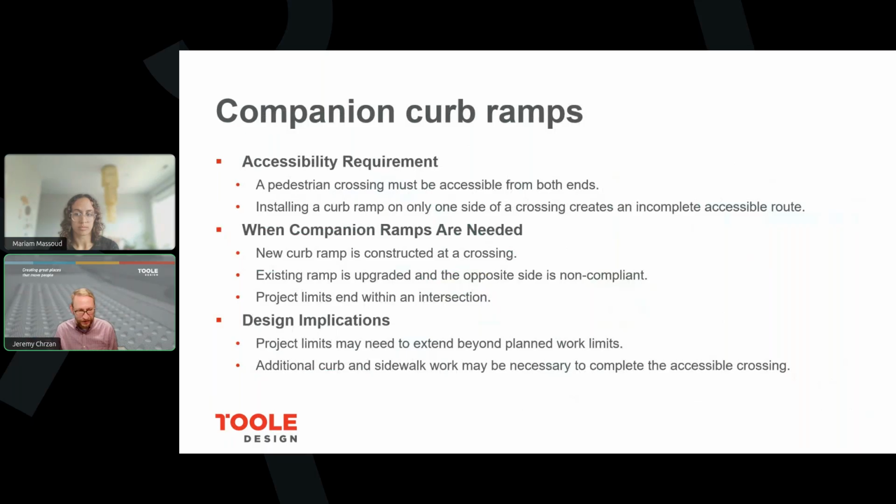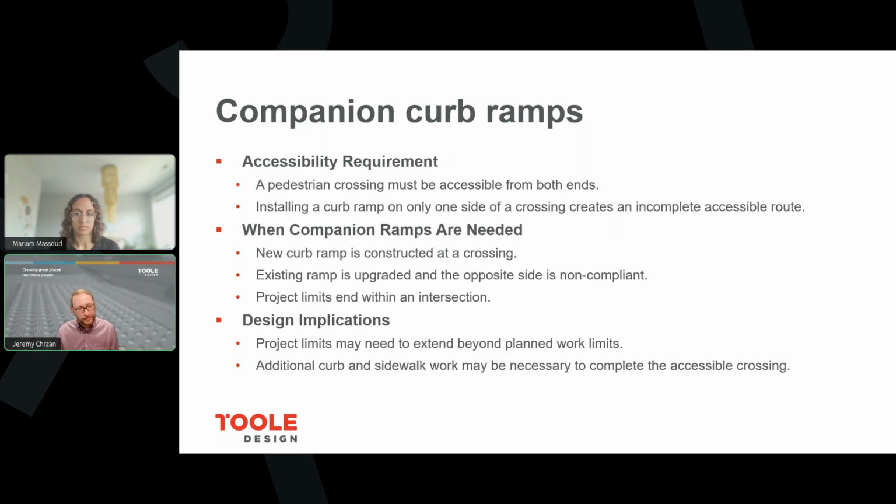This question of companion ramps comes up a lot, I assure you. Essentially it just says that a crossing of a street consists of the crosswalk itself as well as the curb ramps or curb depressions on either side.